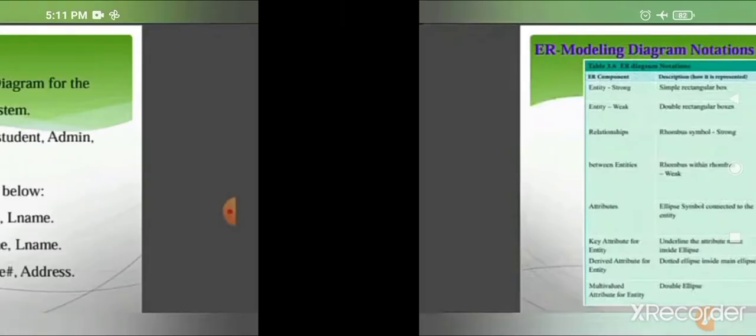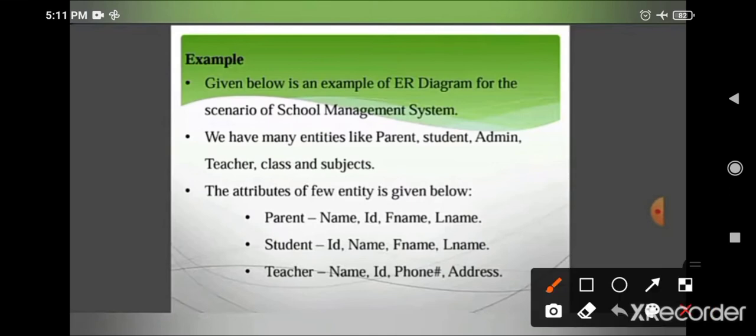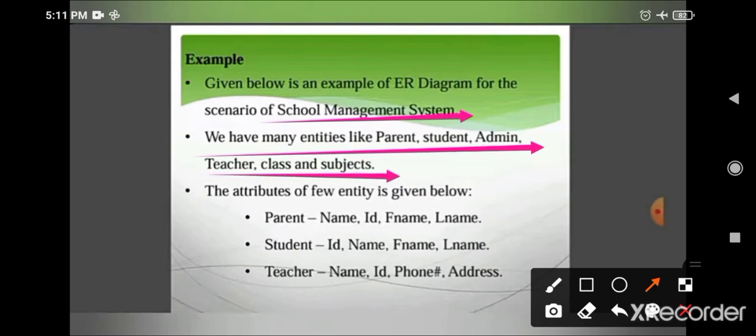Next, we can consider one example: a school management system. We have many entities like parent, student, admin, teacher, class and subjects.